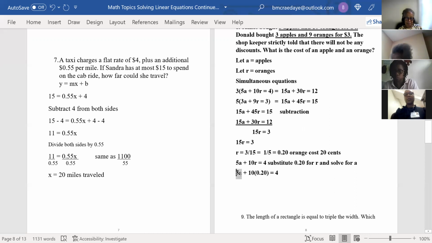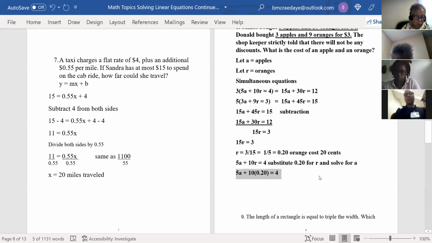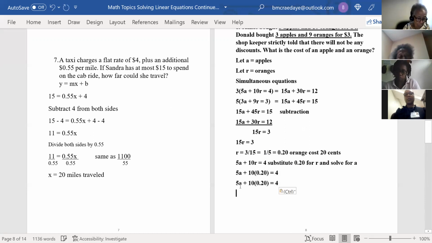So Maureen, what's 0.20 times 10? What's 10 times 0.2?